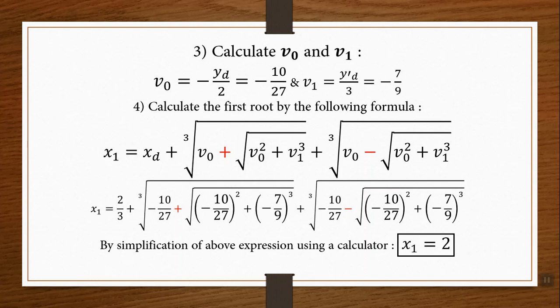By putting xd, v0 and v1 in our formula, we will have x1 equals 2/3 plus the cube root of negative 10 over 27 plus the square root of negative 10 over 27 squared plus negative 7 over 9 cubed, plus the cube root of negative 10 over 27 minus the square root of negative 10 over 27 squared plus negative 7 over 9 cubed.